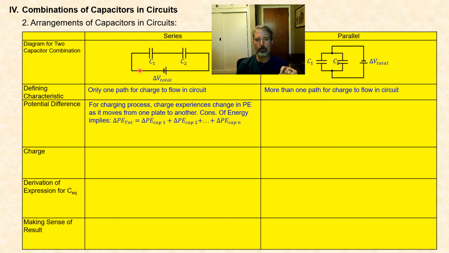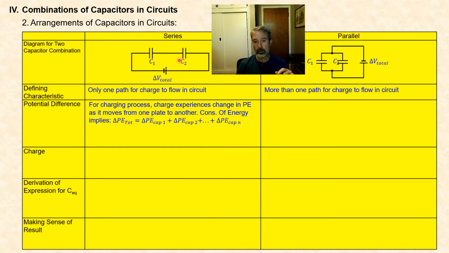As that electron moves onto the left-hand plate of capacitor 1, an equivalent number of electrons leave the right-hand plate of capacitor 1 and move on to the left-hand plate of capacitor 2. When that happens, there is a change in potential energy of this capacitor. That charge separation brings about a change in potential energy across this capacitor.